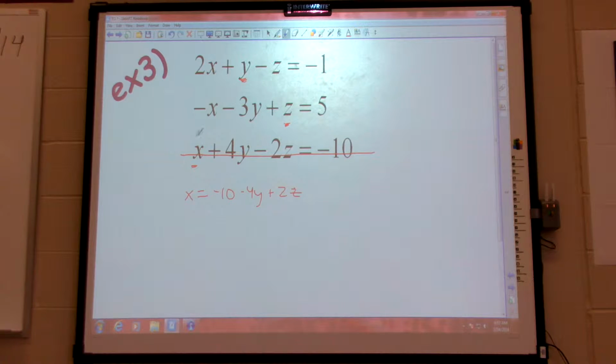So what I'm going to do is I'm going to plug all this in for X here, and in for X here. Let's do the first one. So I have 2 times negative 10 minus 4Y plus 2Z plus Y minus Z equals negative 1.